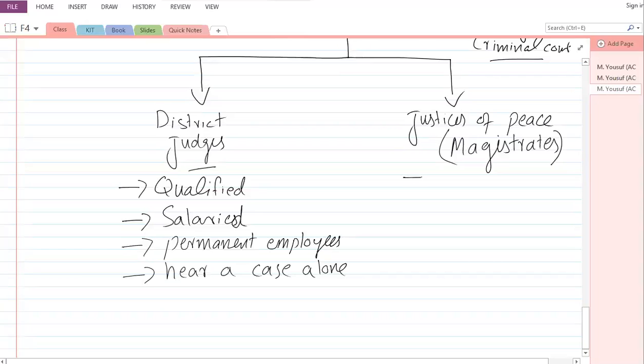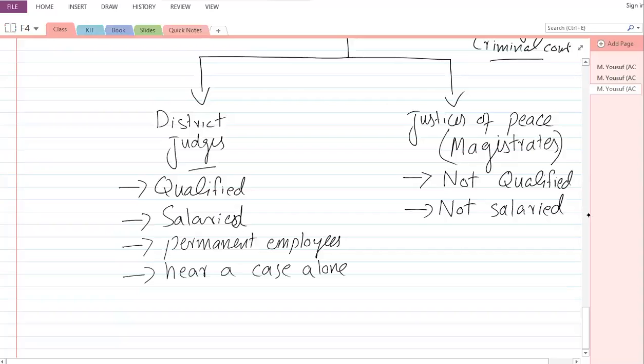Whereas the justices of peace are not qualified, they are not even salaried. So why are they working in the court if they are not qualified and not given a salary? What is their motivation? They are actually studying the law.